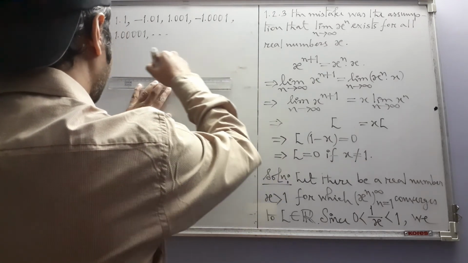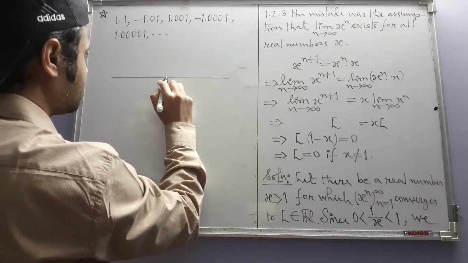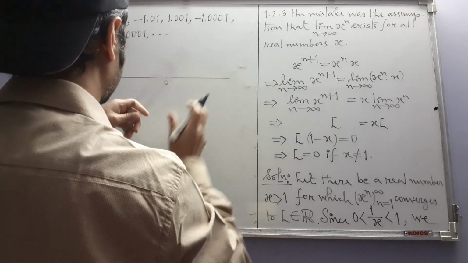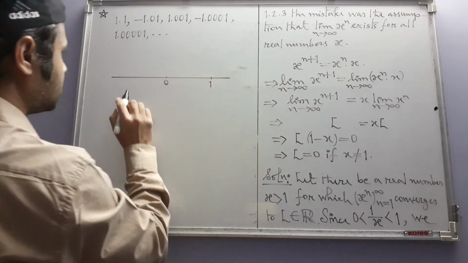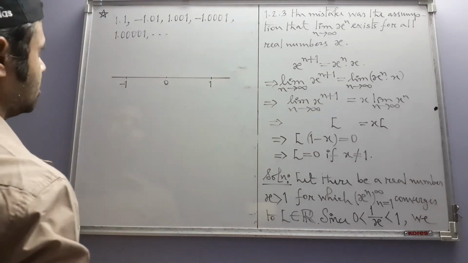they will roughly look like this. Say you have 0 here, and without being specific, let this be 1 and this be minus 1.